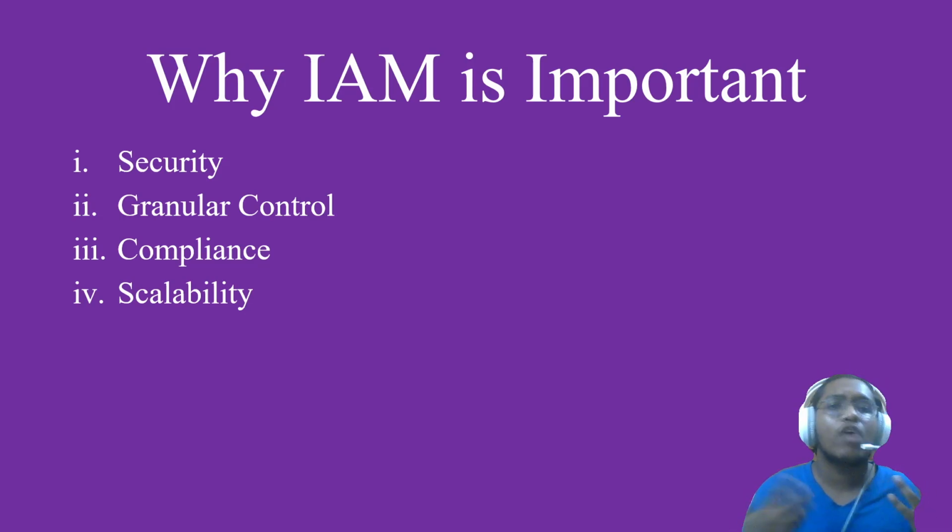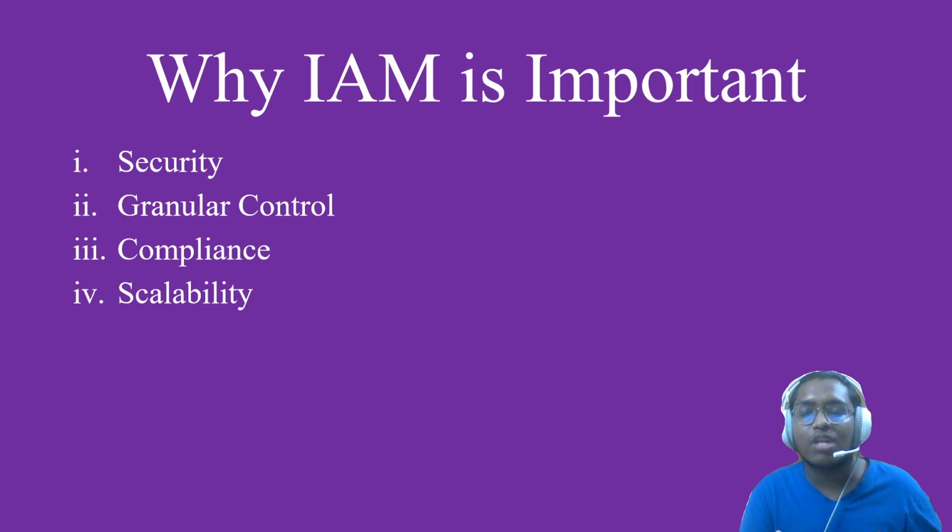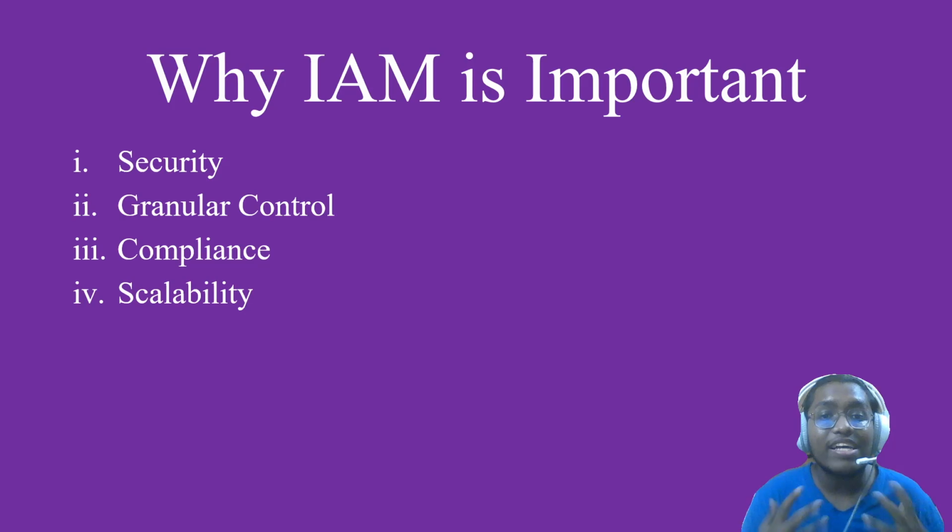When we push code, it leaves a trace, when I push the code or when my fellow teammate pushes the code, like that. And finally we have scalability. As your AWS environment grows, IAM makes it easier to manage permissions across multiple users and resources, ensuring that your security scales with your infrastructure.